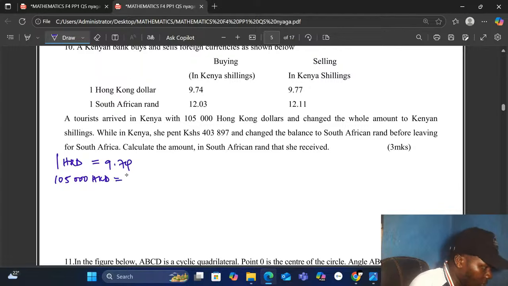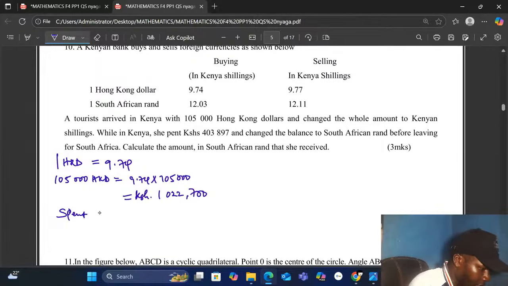So that means we shall have 9.74 times 105,000, so that in Kenyan shillings we shall have 1,000,000 and 22,000, then 700 shillings.